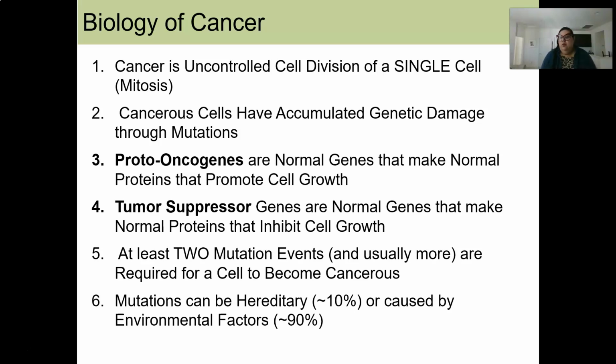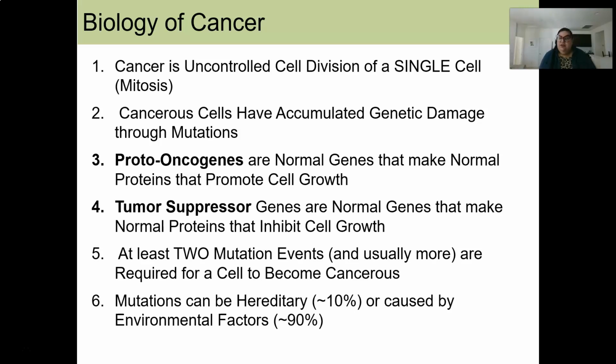And we normally want our cells to grow. If we get a cut, we want our cells to regrow where that cut was. And proto-oncogenes do that. If we get a cut and our cells don't grow back, that would be bad. So proto-oncogenes are part of that.